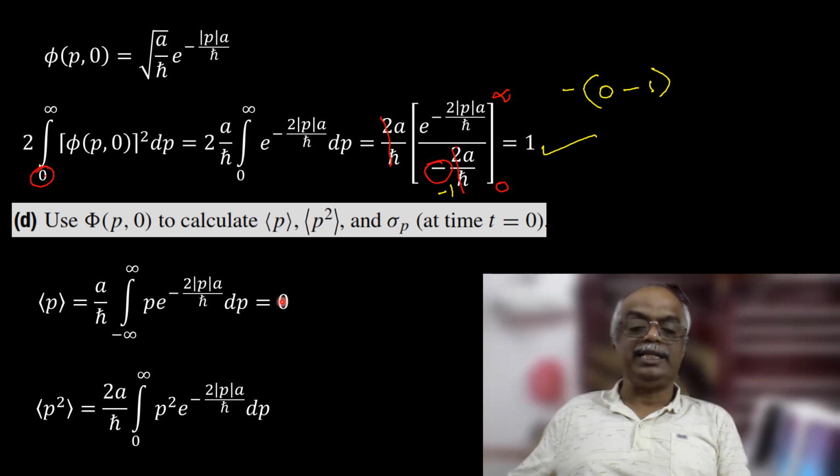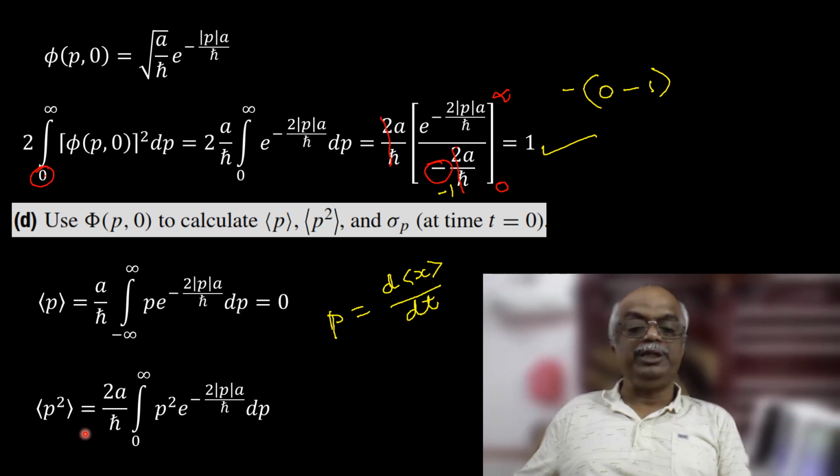So the integrand is naturally equal to 0. Even otherwise, the expectation of p is the time derivative of the expectation value of x. We have already seen the expectation value of x is 0. So naturally this expectation value of p is also equal to 0.